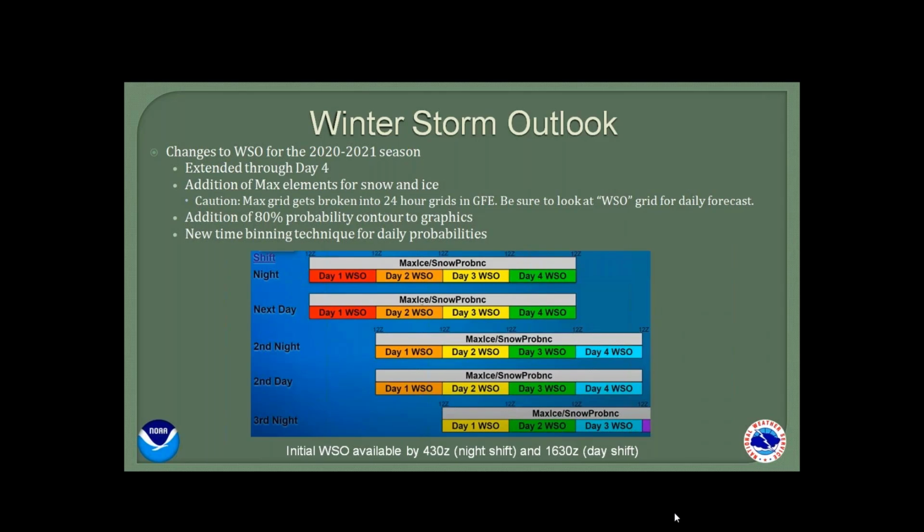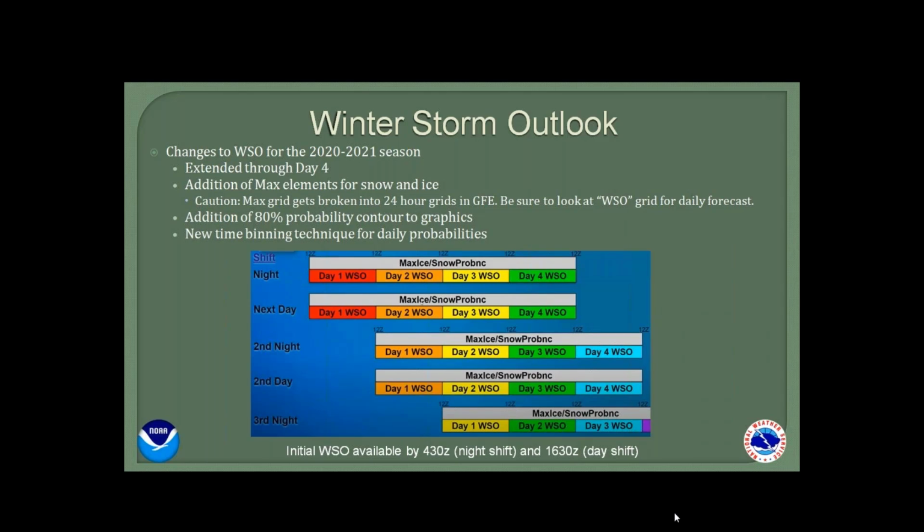So when you're looking at the WSO grids, be sure you're looking at the actual WSO snow NC and not the max one, because they are right on top of each other, and I think they're looking at trying to fix why it's broken into 24 hours.